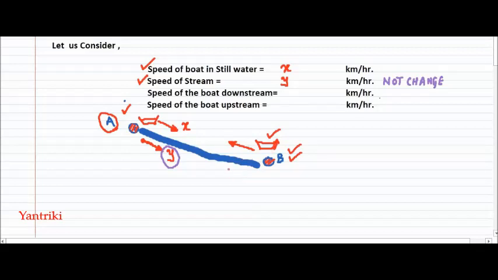But when he is going back, at that time also the magnitude and the direction of the speed of the stream will remain constant, that is y, and the direction will also not change.